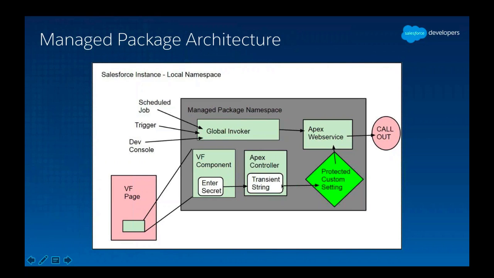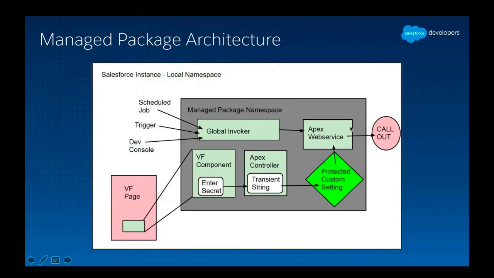I'm going to cover this next. Okay, just remember the transient word right now, and you're going to create a VF component for storing the secret in this protected custom setting, and you are going to create a Visualforce page in your org which will access this Visualforce component in order to store your secrets inside this protected custom settings in the managed package.